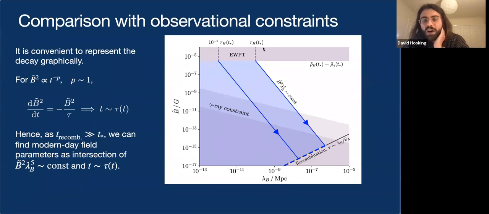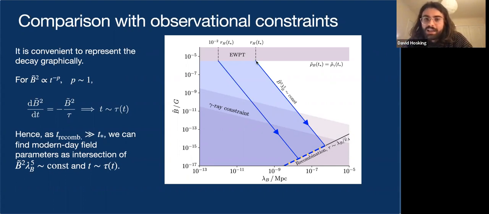And actually what one finds is that if one would like to have one's field generated at the electroweak phase transition, then it seems unlikely that one could generate a non-helical magnetic field that could satisfy the observational constraint.